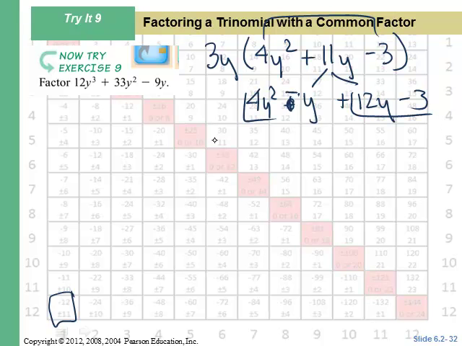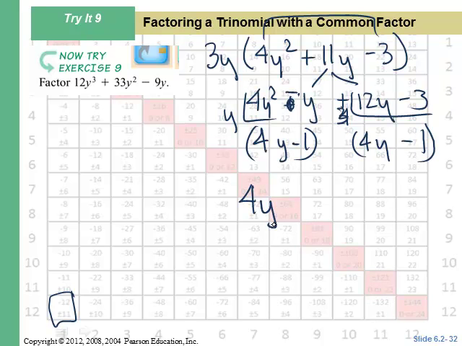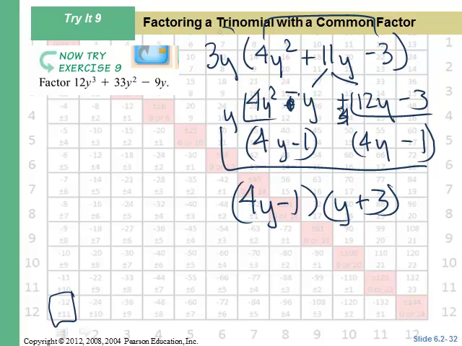Can factor a y out of the first one, so we're left with 4y minus 1. Factor a 3 out of the second one, so we're left with 4y minus 1. So we have 4y minus 1, y plus 3, and don't forget the 3y out front.